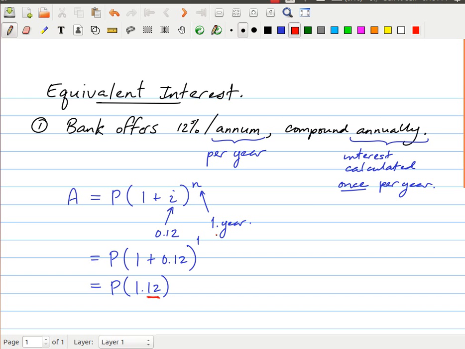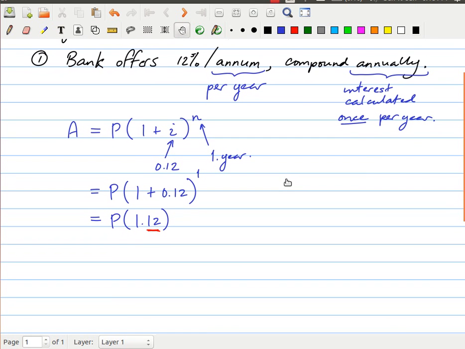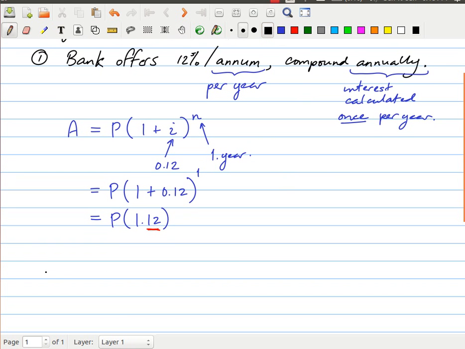Now, how does that change things, and how does it change the way the bank is thinking about things if we change this around a little bit? So let's set up another scenario, almost as simple, which is the bank offers 12% per annum, but this time let's have it compounded monthly.